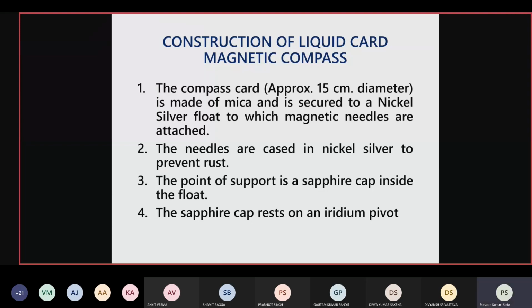The compass needles are naturally iron. Iron will catch rust. So to save it from rusting, we have that nickel silver casing, which is enclosing these permanent magnets or magnetic needles, so that it avoids rusting of the compass needle.